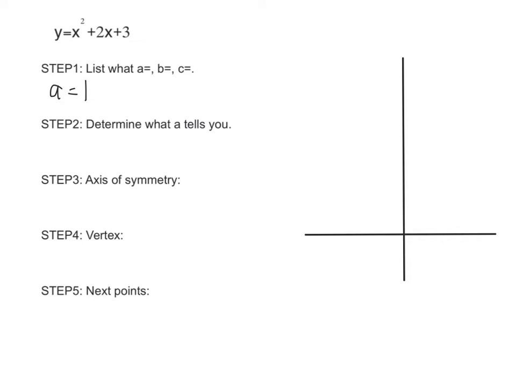It's 1 because the number that happens to be in front of the x squared, if you see nothing there, that doesn't mean 0, it means 1. So our a value is 1, our b value is 2, and our c value is 3.